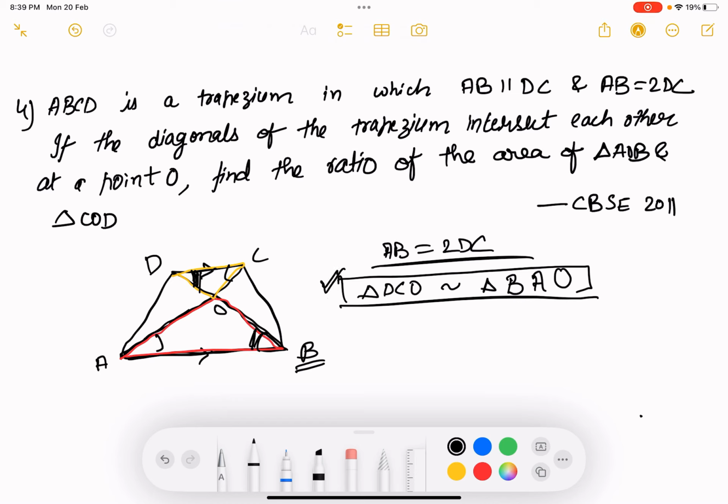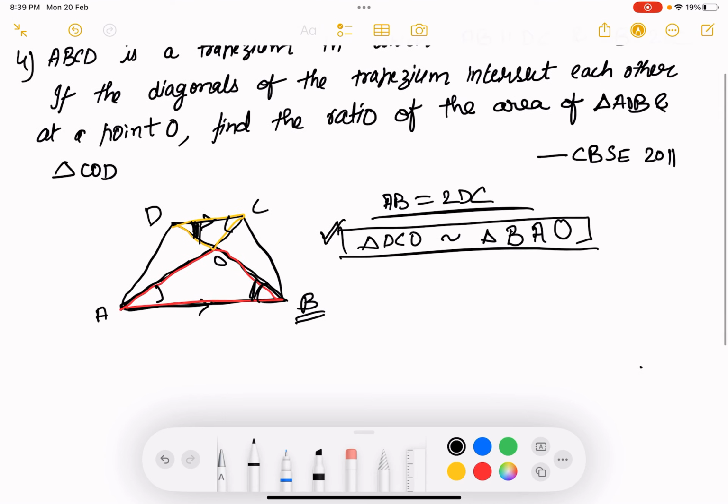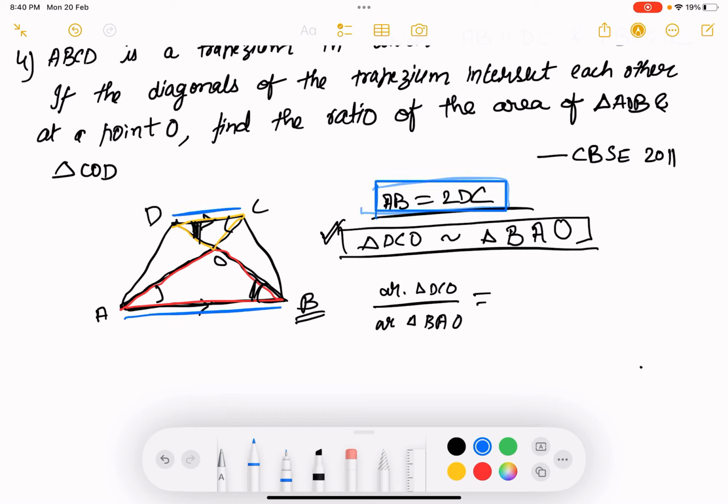So these two triangles are similar, and if they are similar, then the ratio of their areas, that is area of triangle DCO upon the area of triangle BAO, will be equal to the square of their corresponding sides. Which sides will we take? Obviously these sides only, because we have a relation between these two sides only. AB is equal to twice DC.